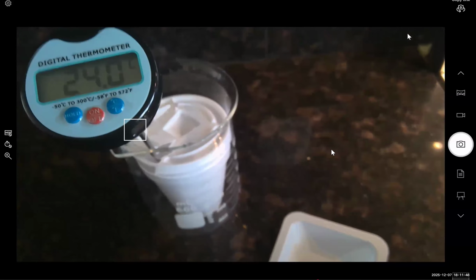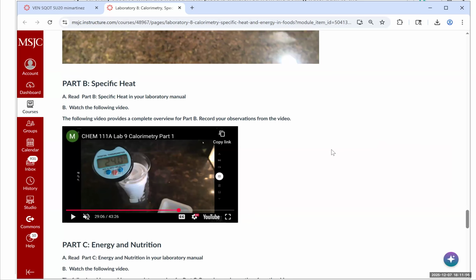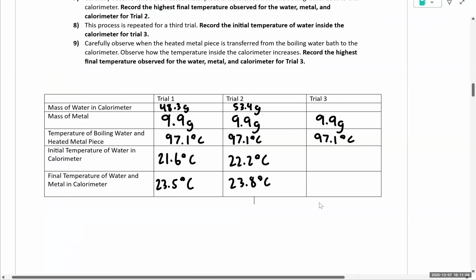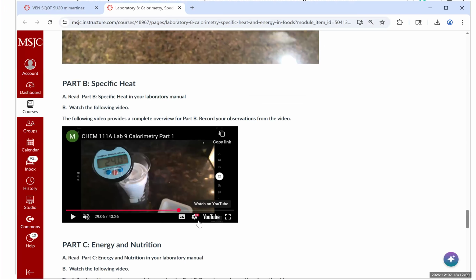In this case, after a little bit more time, the temperature has increased slightly to 24.0. So we're going to revise our temperature reading to 24.0. Sometimes the heat exchange takes a little bit of time.